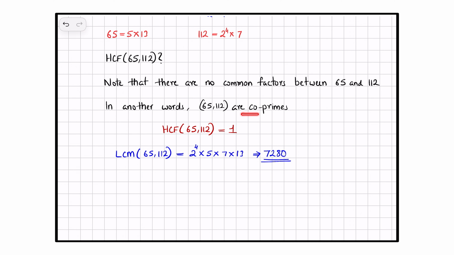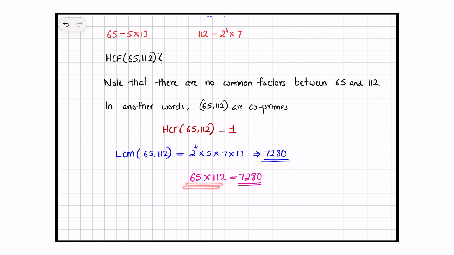Since we know that 65 and 112 form a coprime pair, we need not do these individual multiplications. We can directly multiply 65 and 112. Let us check that. 65 into 112 will give you 7280, same as here. So whenever we have two numbers which are coprime, to find the LCM of them, we just have to multiply them.